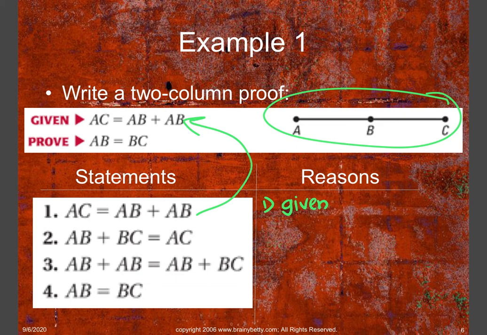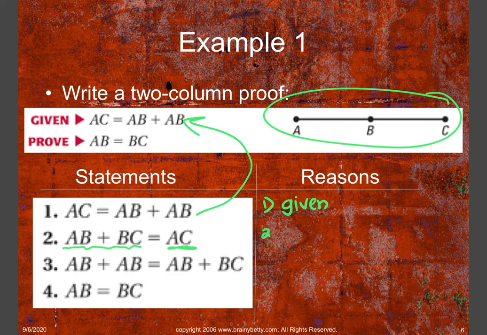Like look at 2. 2 says AB plus BC equals AC. Where did that come from? The picture. Why? Because it shows A, B, and C, and it equals AC. So think about what's the name of that property or postulate? Addition. You're getting warmer. What says that the whole segment is the sum of its two parts?